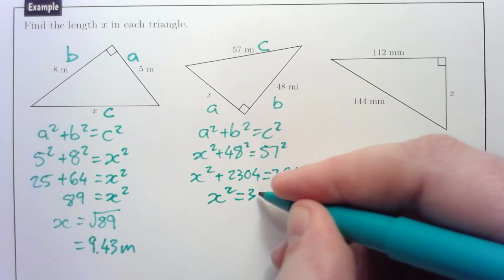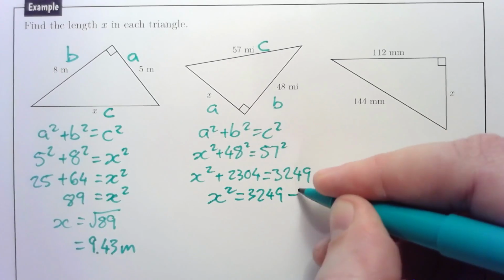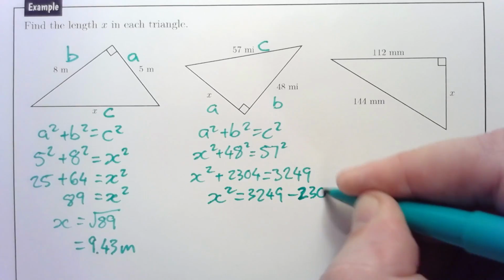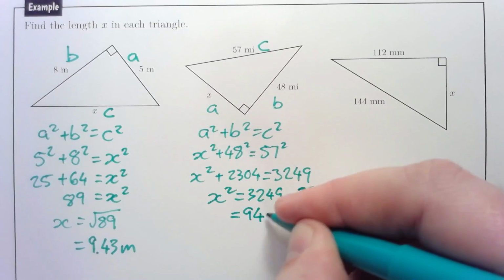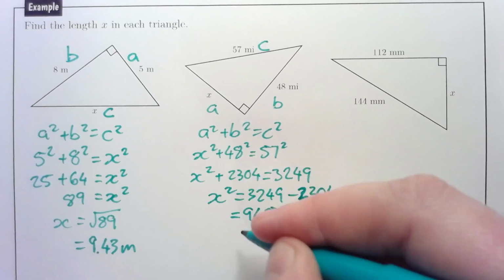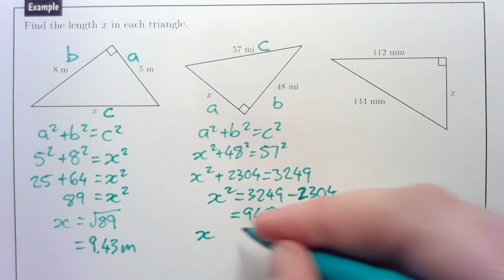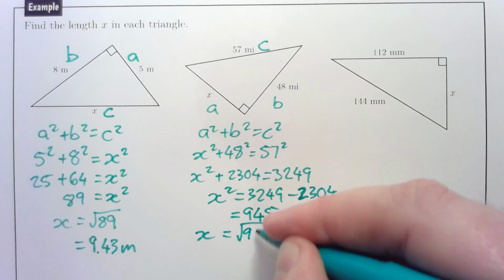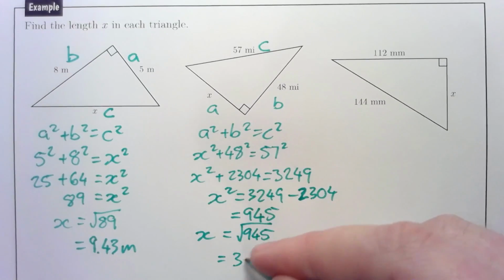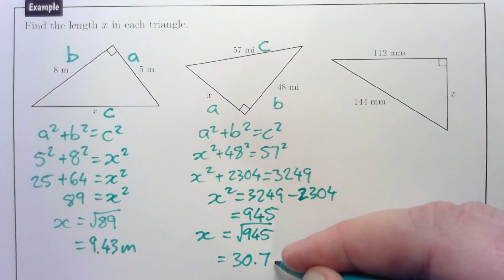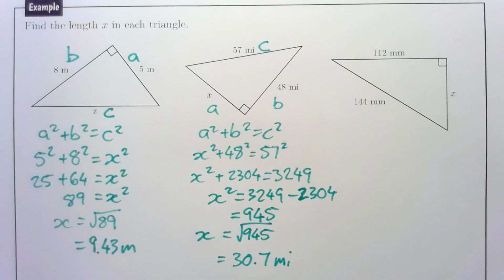So 3,249 take away 2,304 works out to be 945. To undo our squared, we square root, because that is the inverse operation, and we get 30.7 approximately, and our units will be miles.